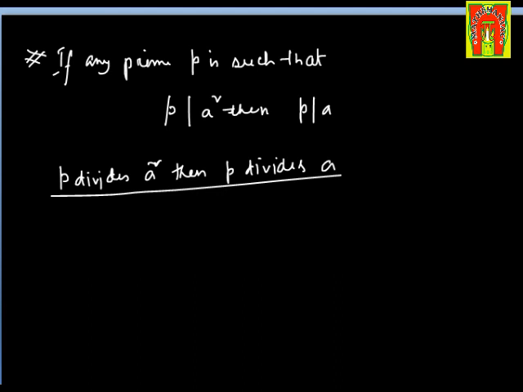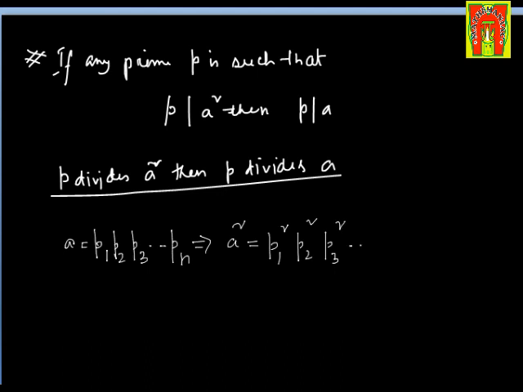So this a is any integer, and it can be expressed as a product of some prime numbers. We do not know exactly how many primes there will be, so we have written it like this. Then can you tell me what a square is? A square means every prime factor will have a power 2 like this. Am I clear to you? Very fine.